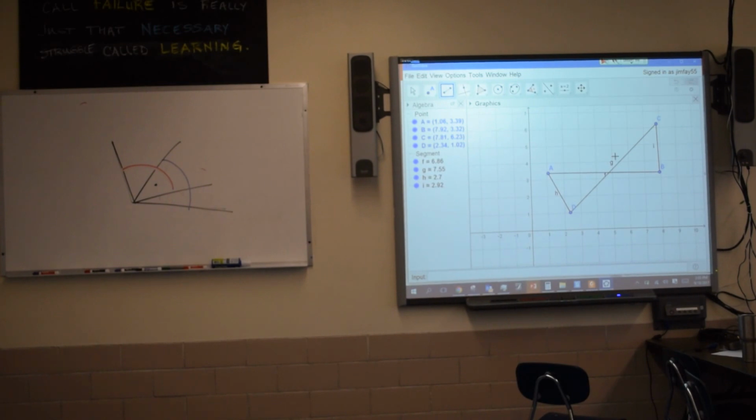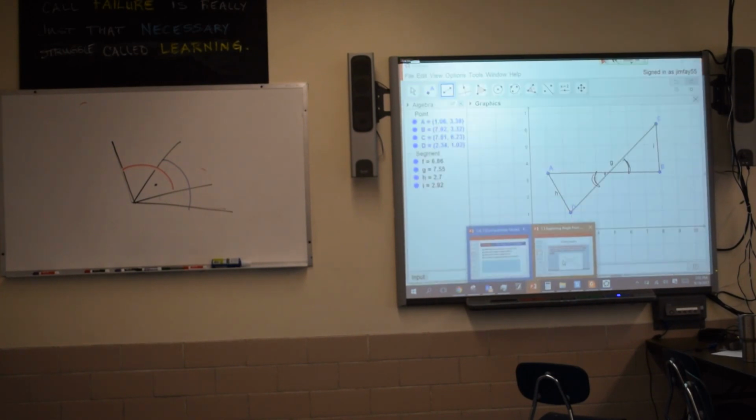Triangles. 2 triangles. But what do you now know about that angle there and that angle there of that set of triangles? They're adjacent. Not adjacent. They're vertical. So that's going to tell us something very nice about those 2 triangles later on. So vertical angles become very useful to us in the long run.